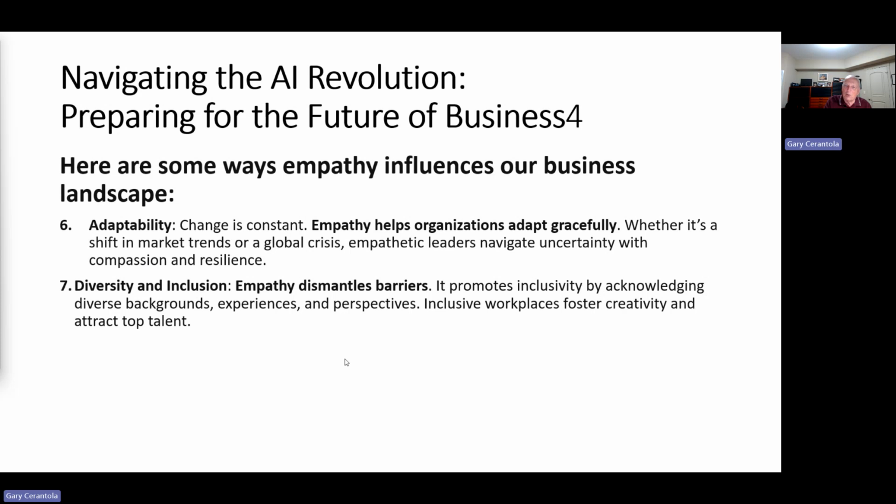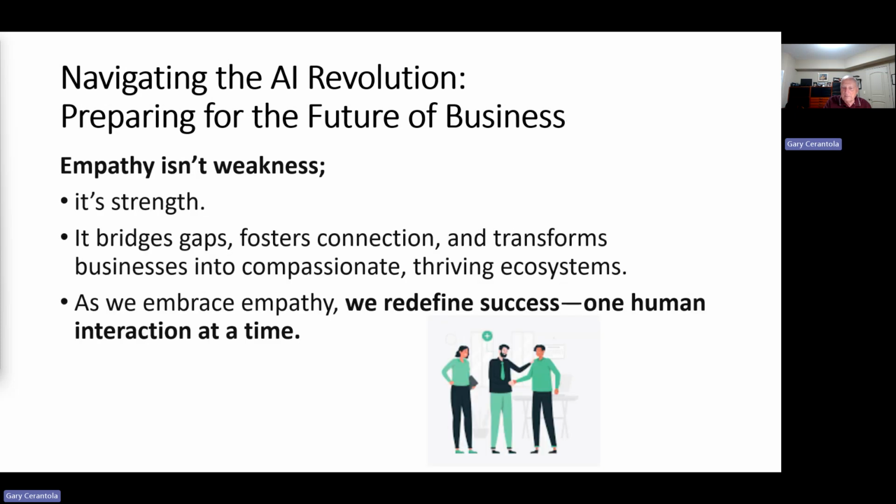I think this is temporary, and this is the way that we're going to get around this and do it right. So it isn't a weakness. Empathy is a strength. We embrace empathy. We redefine success one human interaction at a time.